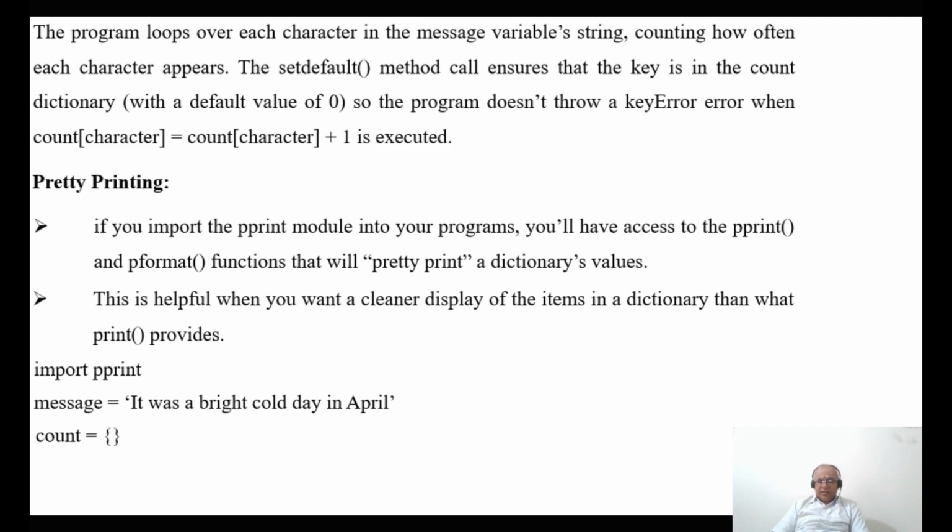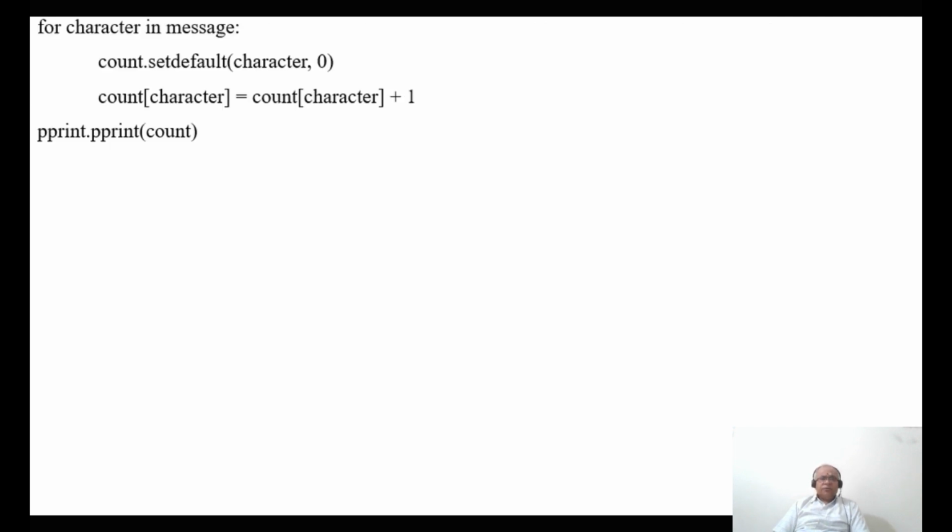The count works exactly as explained in my previous video. First we initialize count as an empty dictionary, and then for character in message, count.setdefault(character, 0). If the character exists, it takes that value, initially 0, then count[character] equals count[character] plus 1, so it becomes 1.